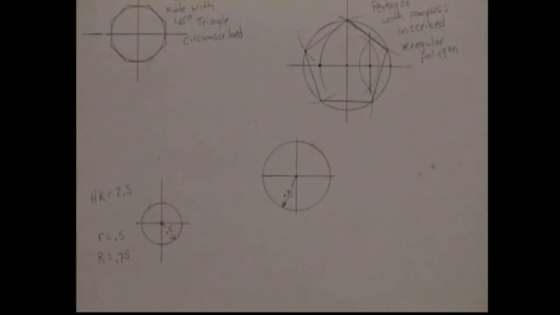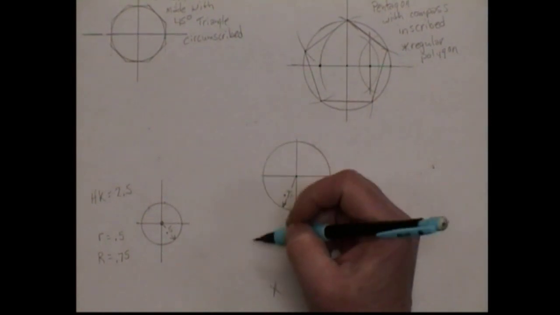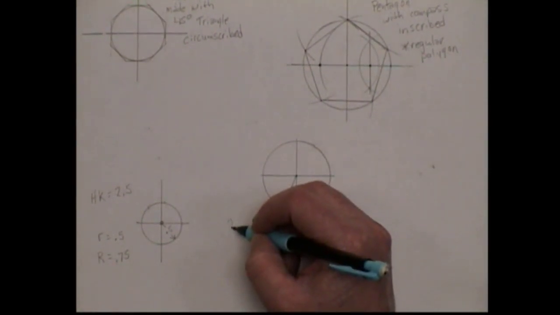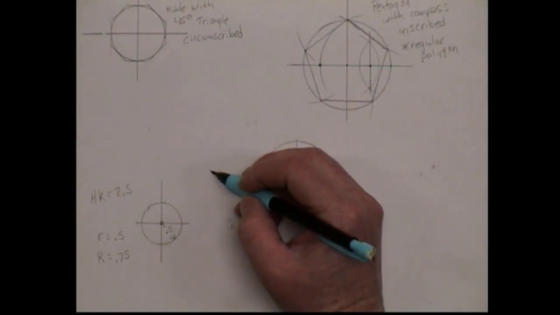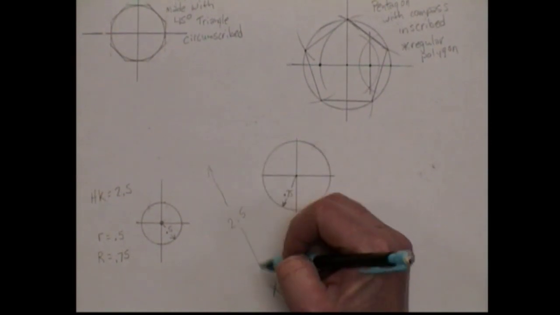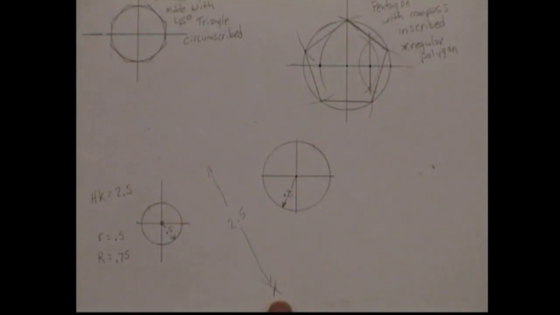And then we don't know where the center point is for HK. We're thinking it's somewhere around in here, but we've got to find that center point. But HK for this arc that we're going to make has a radius of 2.5. So whatever this is, wherever this comes to be, it's going to be 2.5.